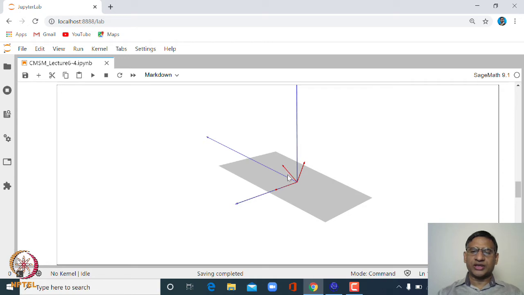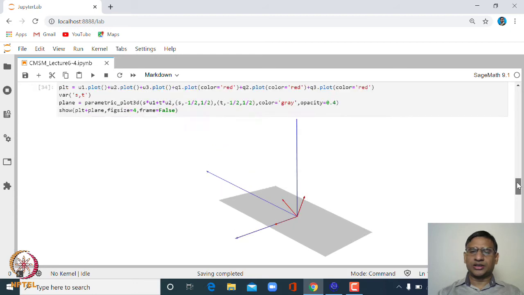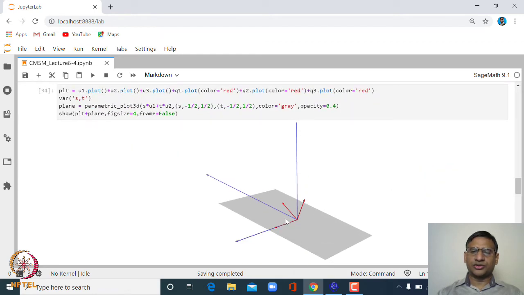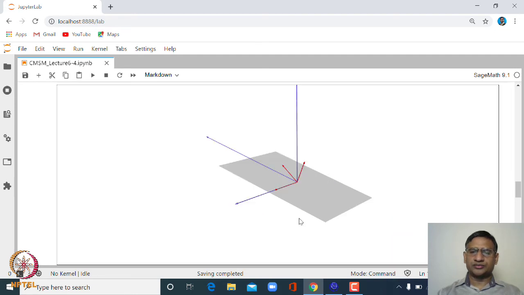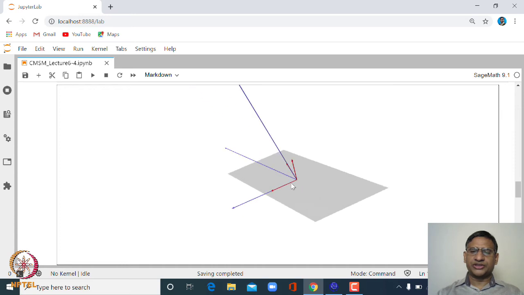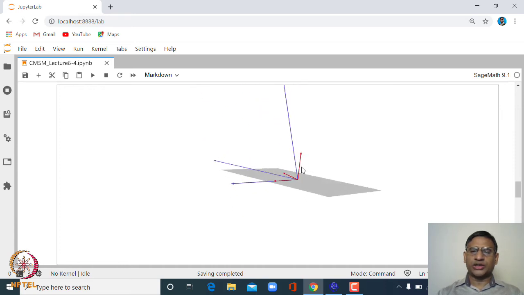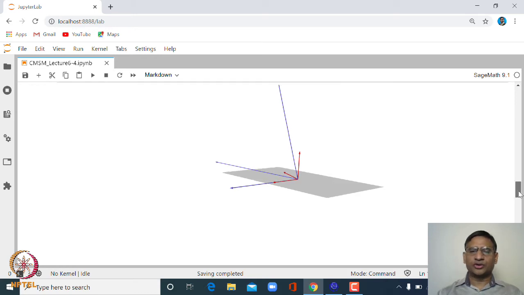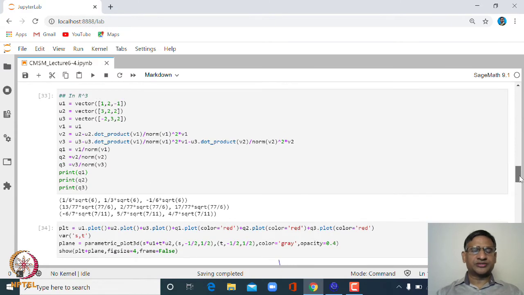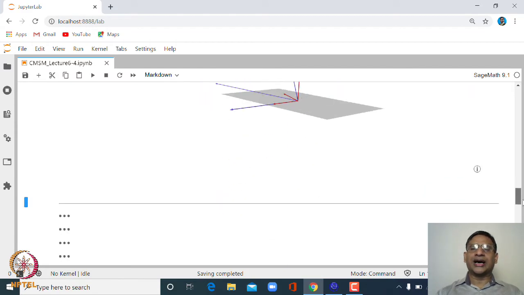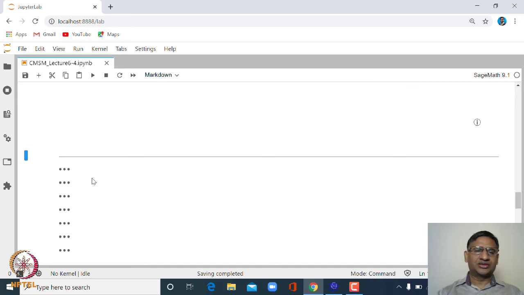So you have this as v1 upon norm v1, this is v2 upon norm v2, and this is v3 upon norm v3. So this is q1, q2, q3. The plane shown is the plane spanned by u1 and u2, and the vector q3 is perpendicular to this plane. So this is how you obtain 3 vectors which are orthonormal in R3, and you can extend this idea to more vectors.